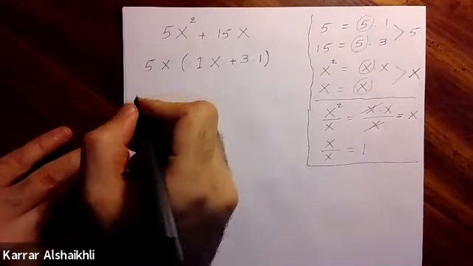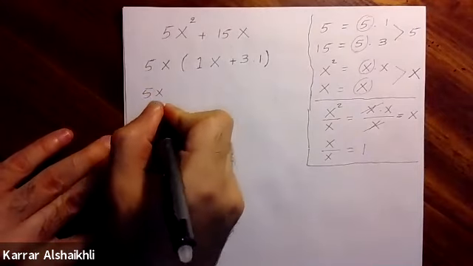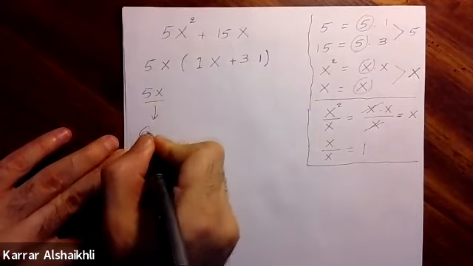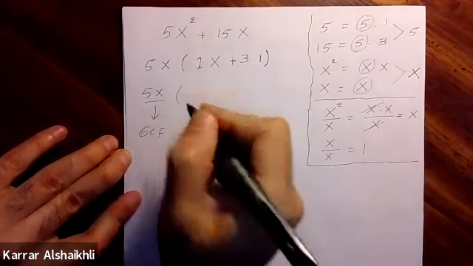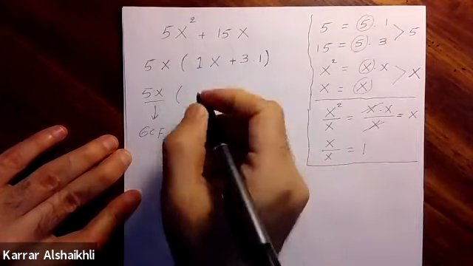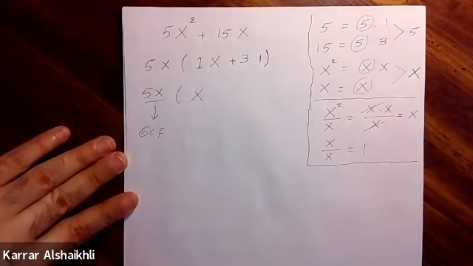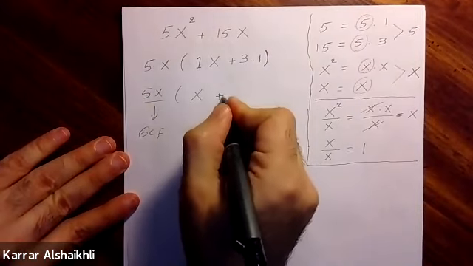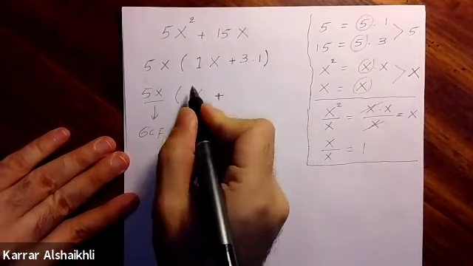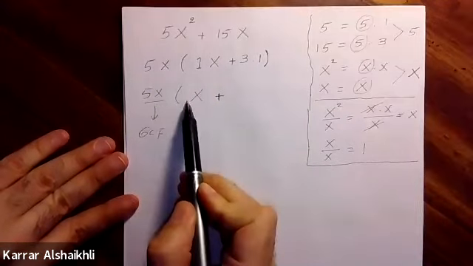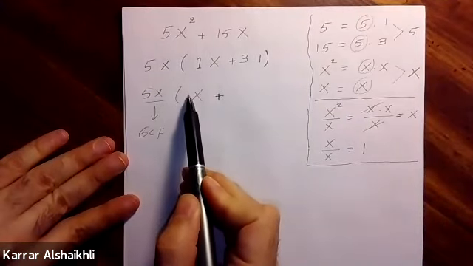Now let's write down this again. Here is the GCF. One x. Can I write down just x? Yes or no? 1x. If there is no number here, that means how much is the number? Just x.